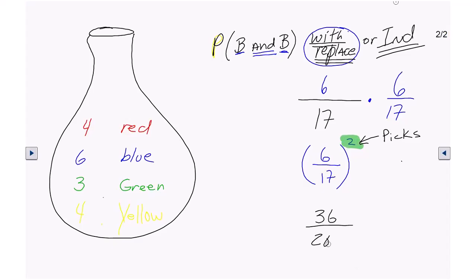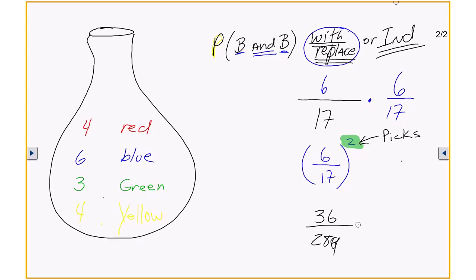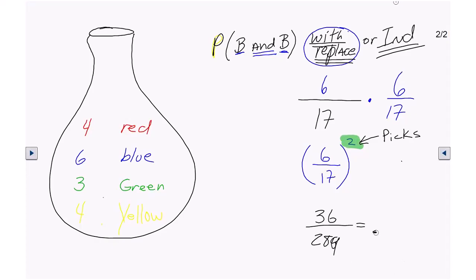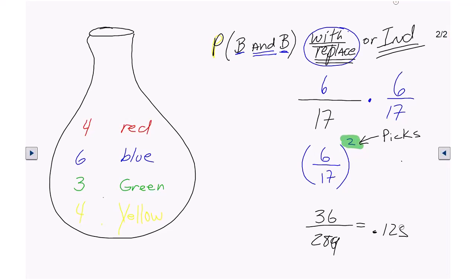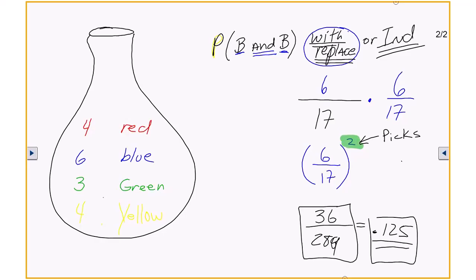Thank you. And somebody give me the decimal, just 3 places. What is it? 0.125. That's your answer, or the fraction is your answer, depending on what they ask for. Make sure you simplify it if you need to. All right, write that down. That's the multiplicative law with replacement.